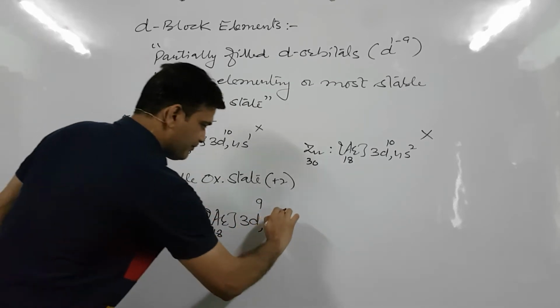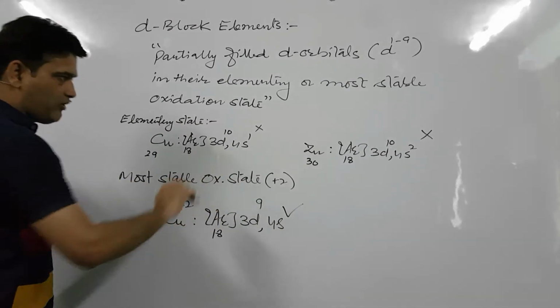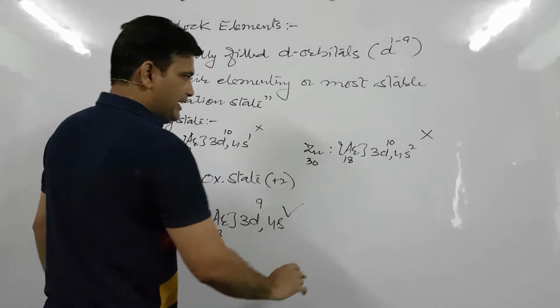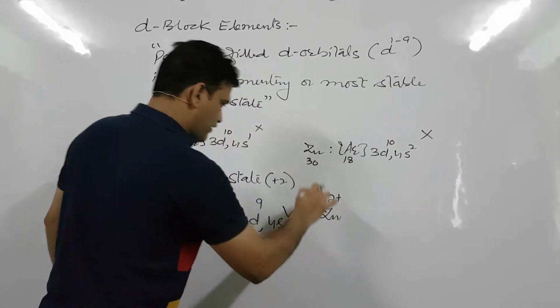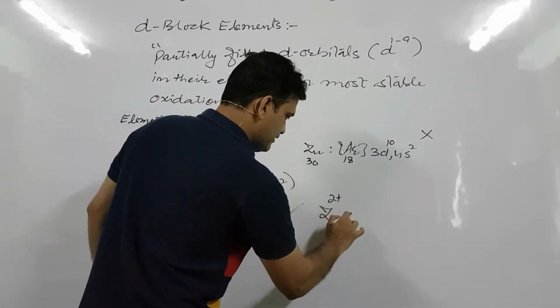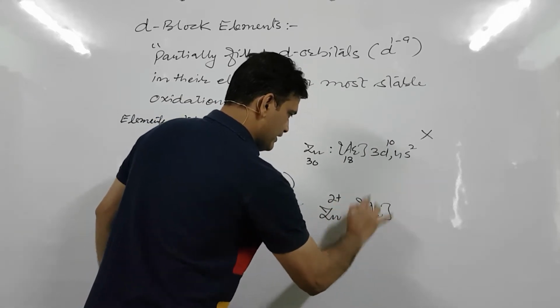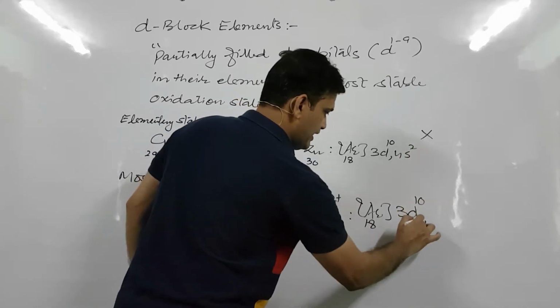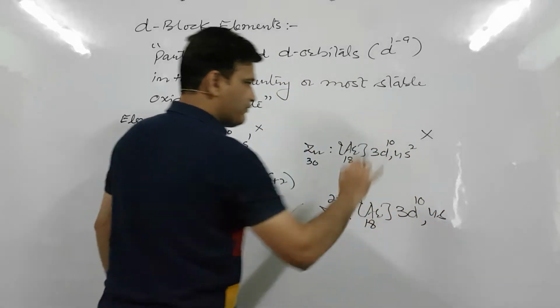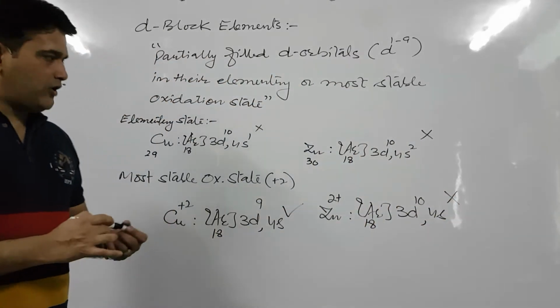So this is a D block element in the most stable oxidation state. But if we see the electronic configuration of zinc 2 positive, it is argon 3d10 and 2 electrons are removed from the s. So it is again not a D block element.